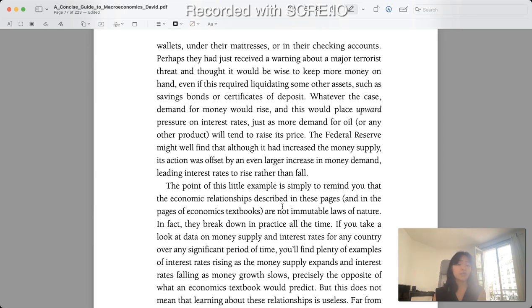Whatever the case, demand for money would rise, and this would place upward pressure on interest rates, just as more demand for oil or any other product will tend to raise its price. The Federal Reserve might well find that although it had increased the money supply, its action was offset by an even larger increase in money demand, leading interest rates to rise rather than fall.